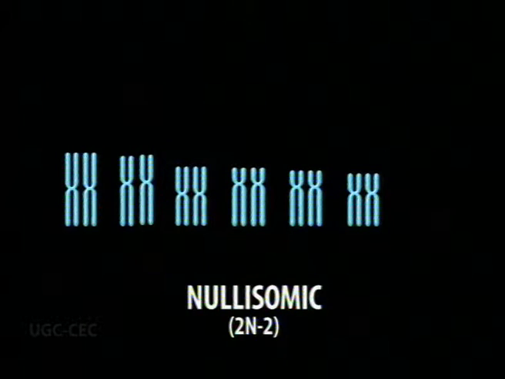Then second is nullisomy. As far as hypoploidy is concerned, nullisomy is a condition where a pair of chromosomes is missing. That means, since there are many pairs of homologous chromosomes in an individual, any of the pairs can be missing. So therefore, the possible number of nullisomics in an individual is equal to the number of pairs of chromosomes, or half of the somatic chromosome number.